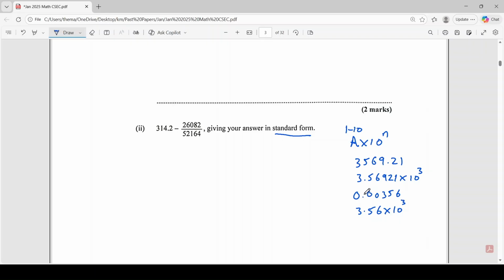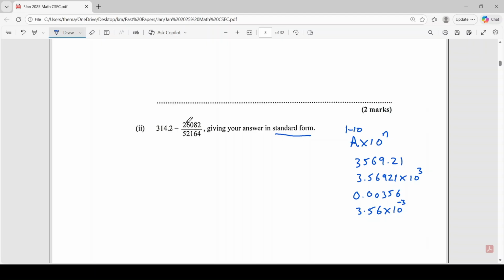And since this number now is less than 1, or we shift to the right, it's going to be a negative 3. Right? You could always input the answer in the calculator to make sure you get back to your original answer. Right, so let me see what I ask you now.